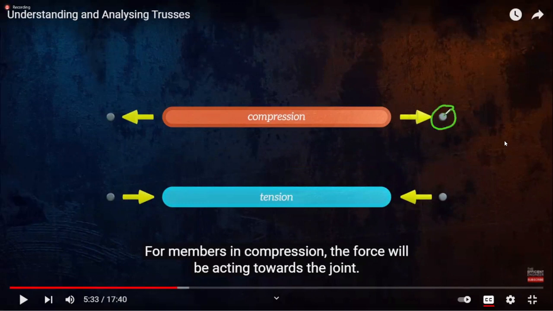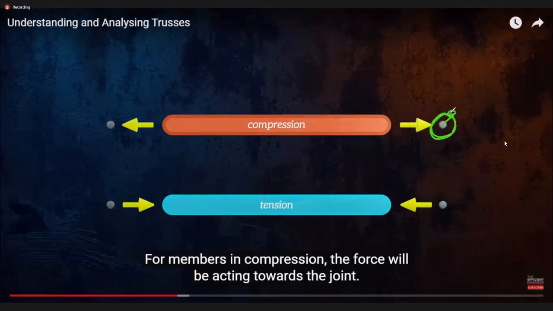Suppose this is one joint on a truss, this is a second joint on the truss, and a member between them is in compression. That is, this member is being compressed by an external agency. So what does it do? It is trying to oppose it.